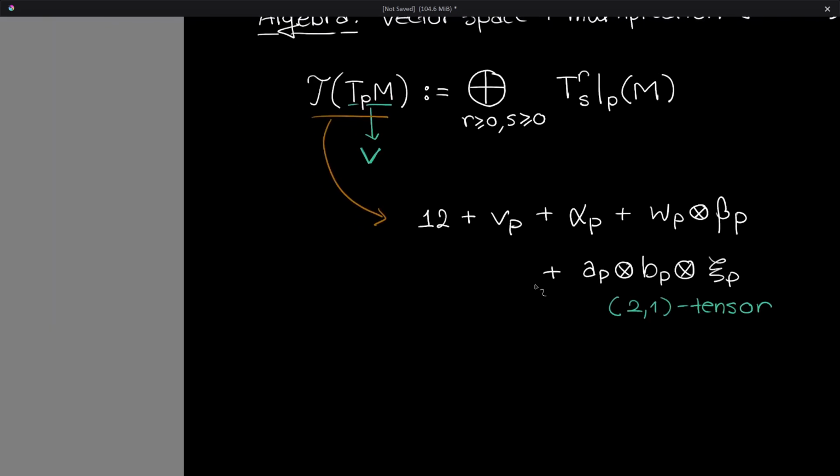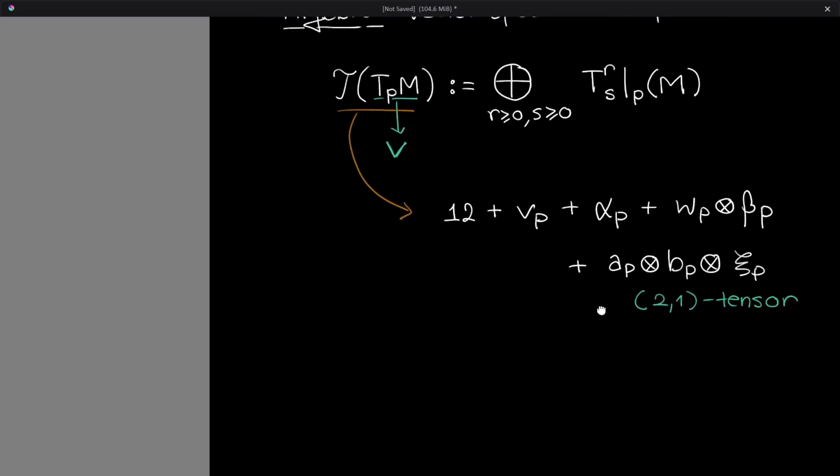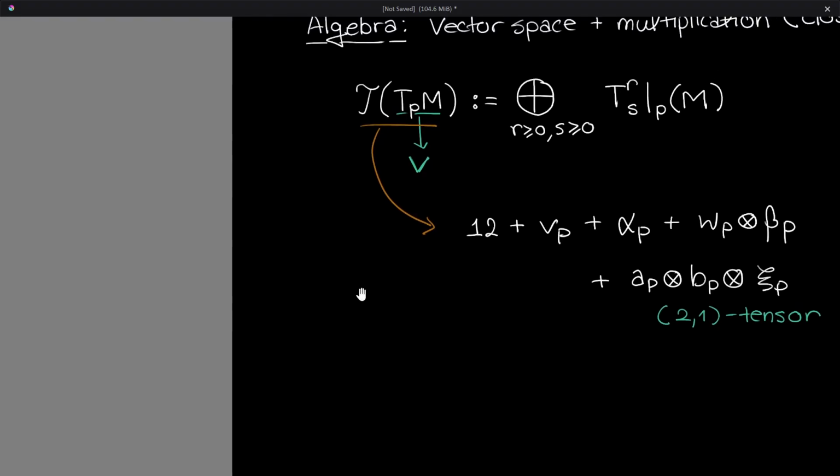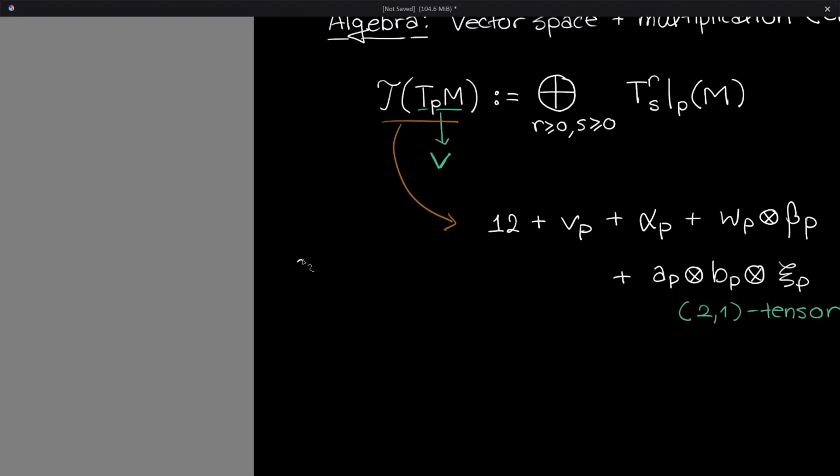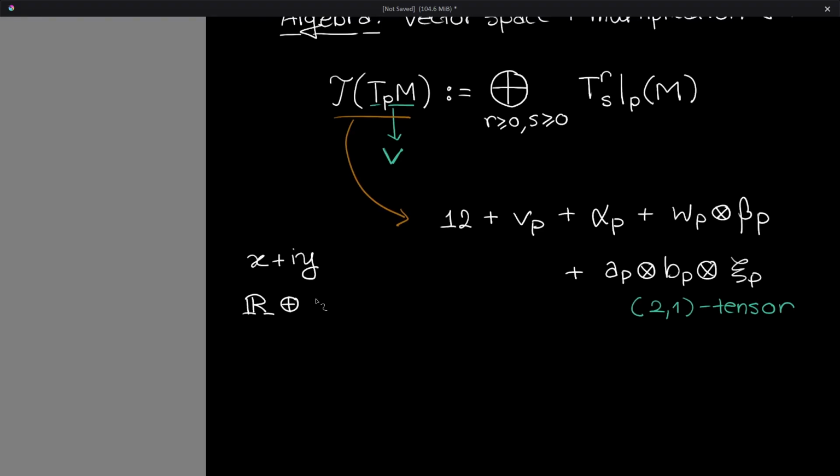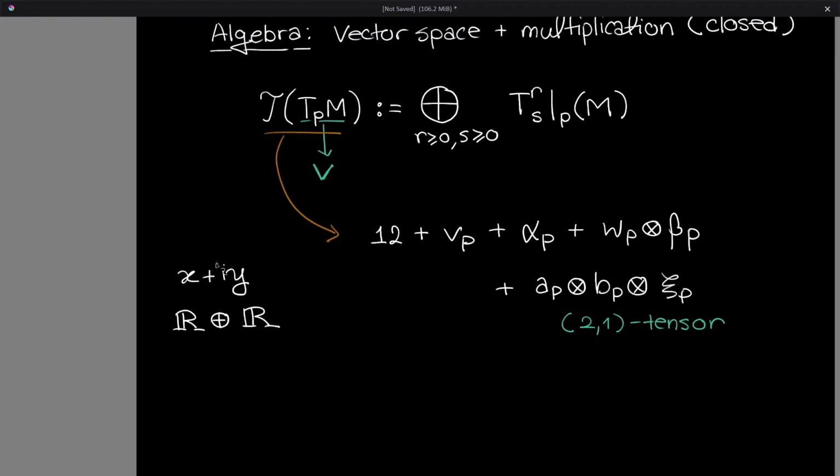If it's hard to understand this principle, think about the complex numbers. Complex numbers look like x plus i y, right? So that's where you get R direct sum R. This R corresponds to this number, and this R corresponds to this number.